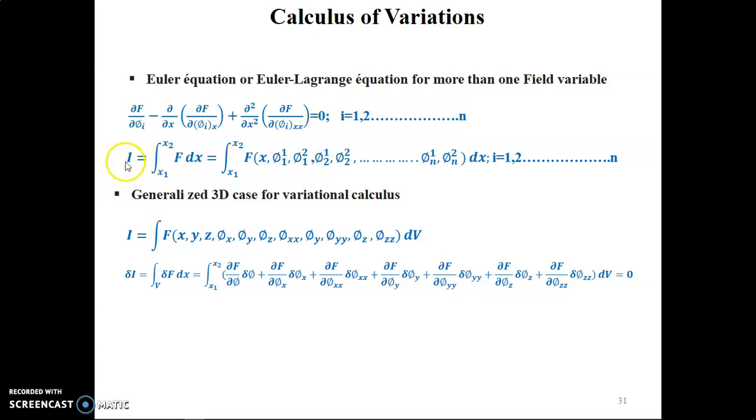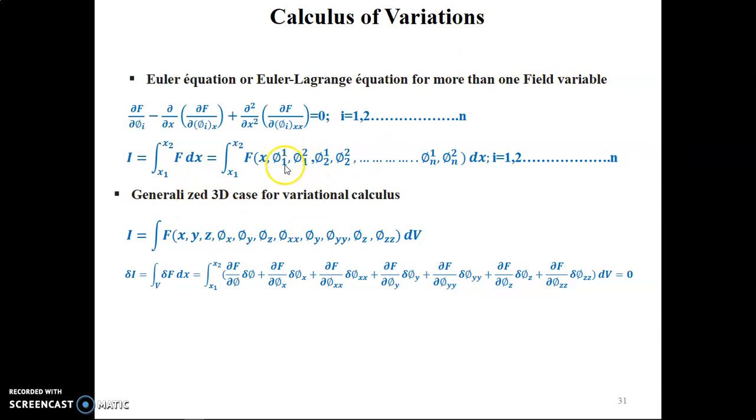In this case, the integral I that has to be minimized over the fluid flow domain can be represented as the integral of f dx, where f will be a function of x. We are discussing all these terms in 1D. So f will be represented as a function of the independent variable, and then we have the different field variables.